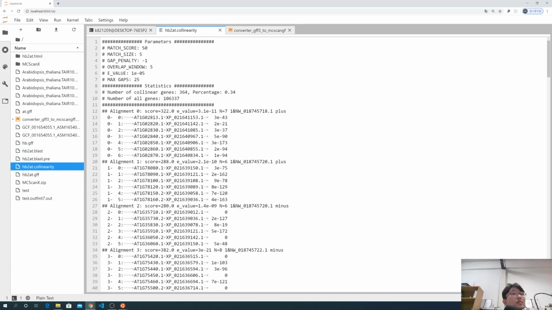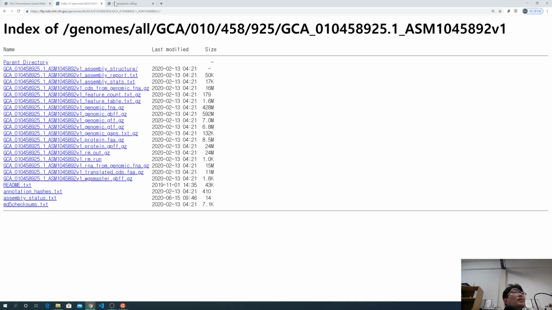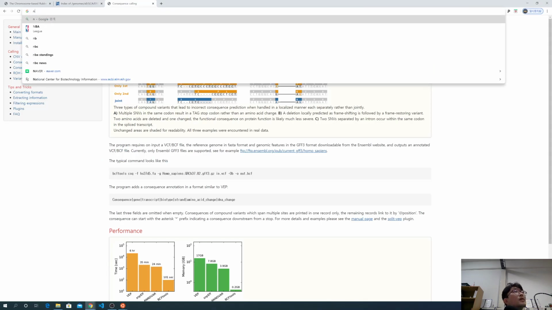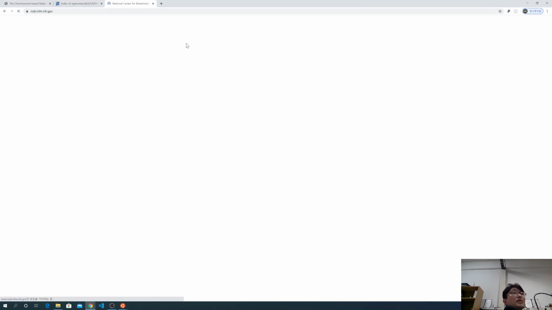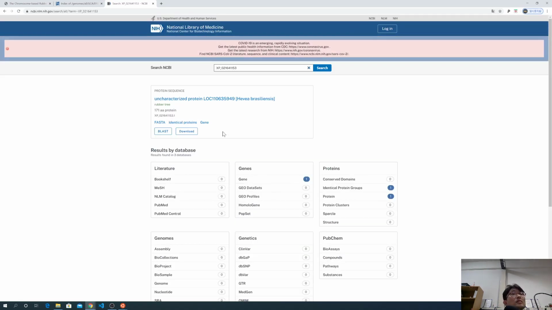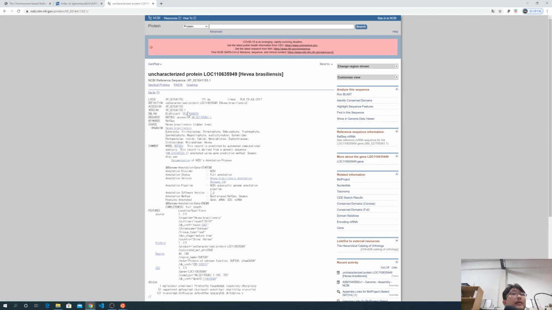So maybe if I search this one in NCBI, it will lead me to the genome project. So let's go. And the BioProject is this one, right?